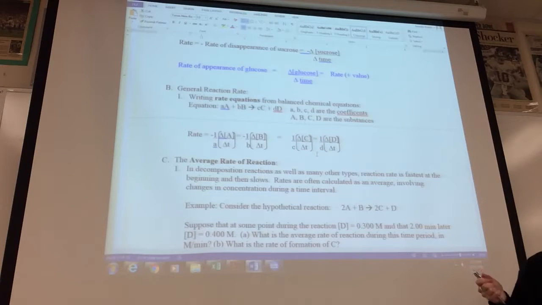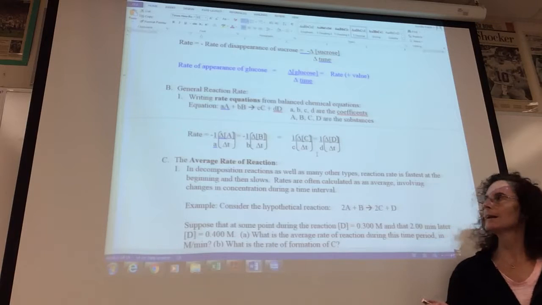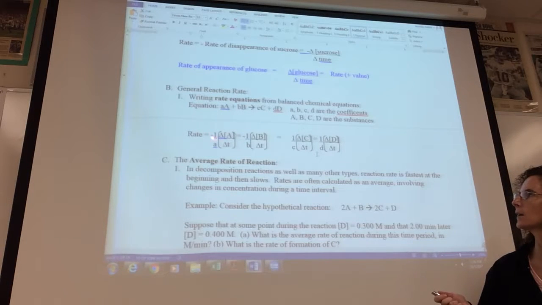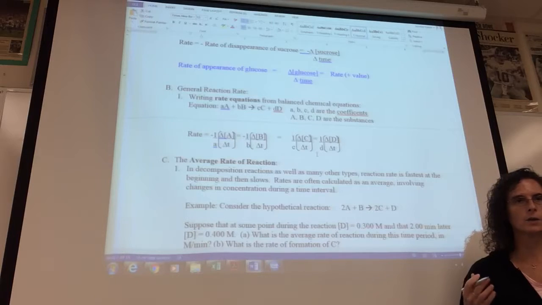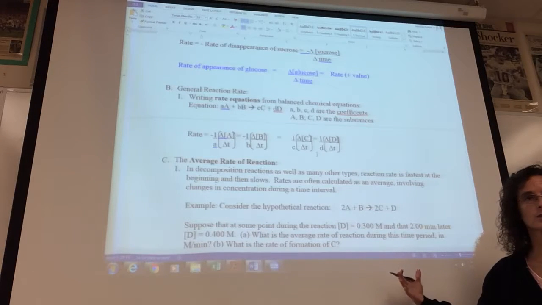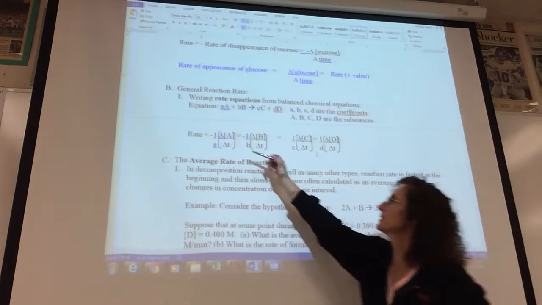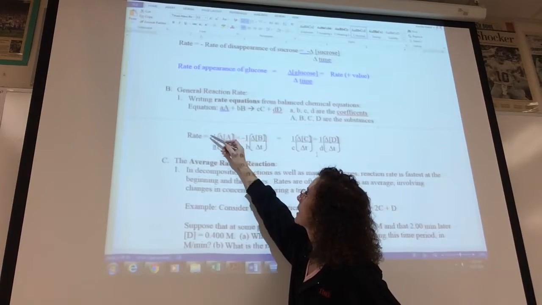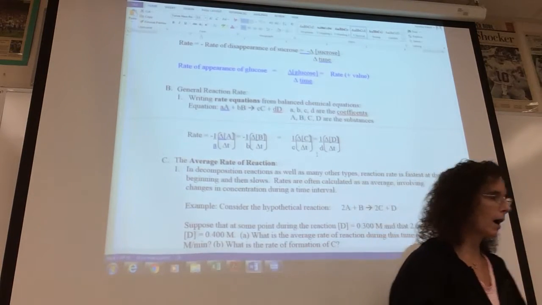The reason why reactants have this negative 1 here: the overall rate is positive, but this value here is negative because the substance disappears over time. So the second concentration is less than the first. Hence a negative value in here times a negative will make a positive.